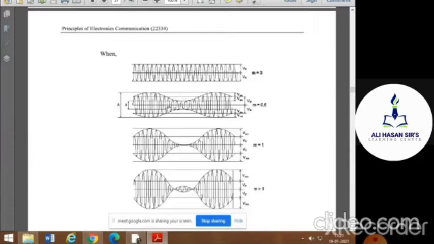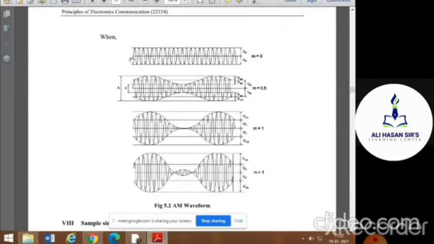Now this is the diagram for different cases of the AM modulated signal. In the first case, the value of m, which is the modulation index, is 0, so this is an unmodulated carrier signal. In the second diagram, the value of m is 0.5.